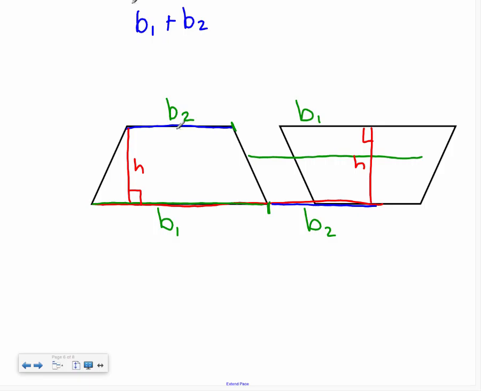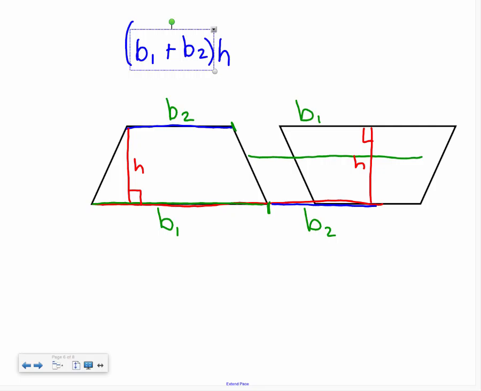That is the entire base of the parallelogram. So we would then multiply by the height of the parallelogram, which is h.